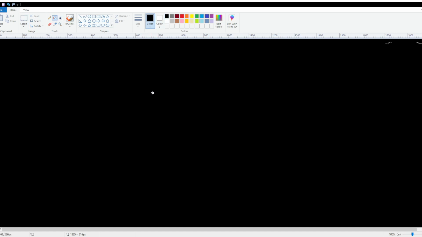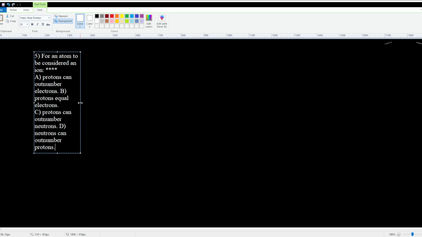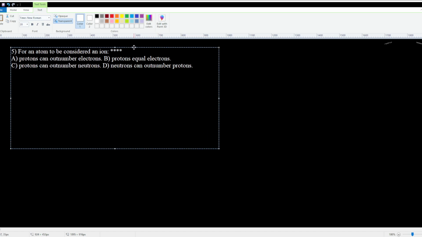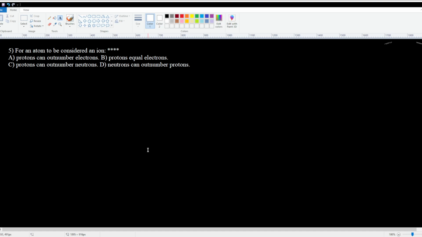So moving on. All right, I put a bunch of stars in here because I think it's worth explaining a little more. The question is asking, for an atom to be considered an ion, it has to be: A, protons can outnumber electrons; B, protons equal electrons; C, protons can outnumber neutrons; or D, neutrons can outnumber protons.